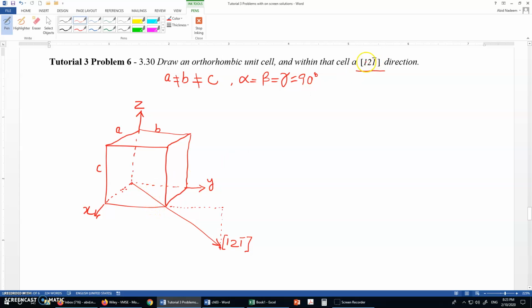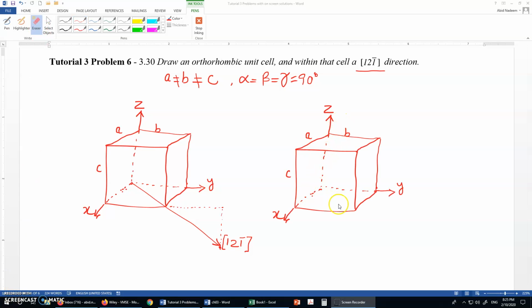Another way of showing this direction is to limit our direction within the boundary of this unit cell. In this case, I can draw this unit cell again. So this is the same unit cell. Now I want to limit myself within the boundaries of this unit cell.